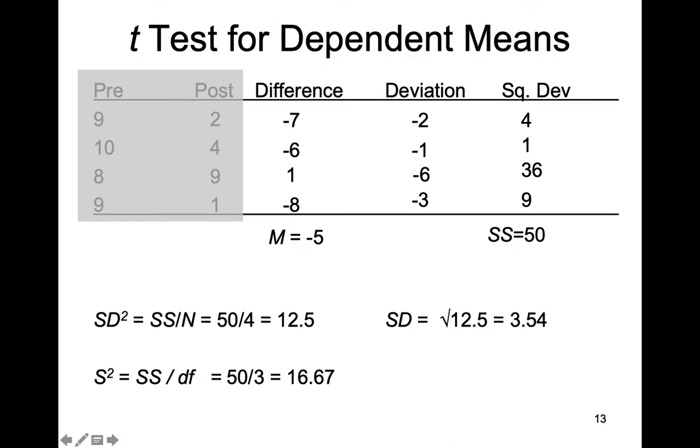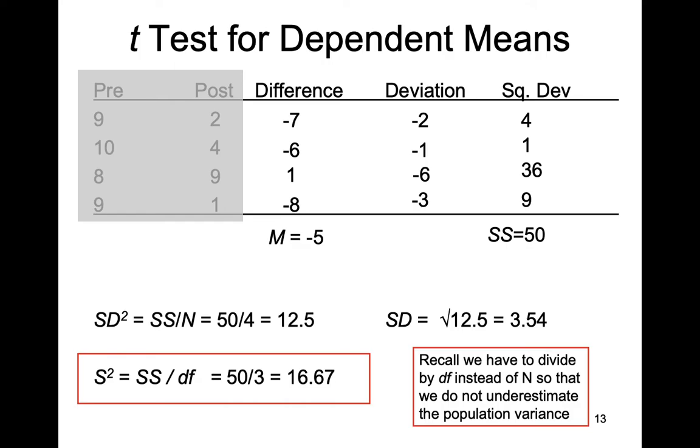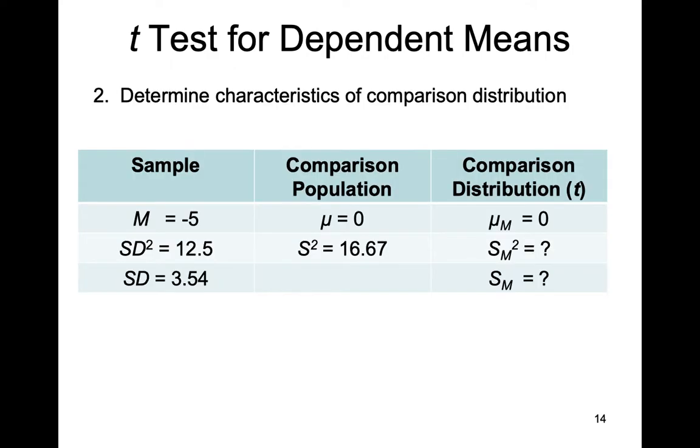So we just correct that number by dividing by n minus 1, and you can see that the effect is to have a larger number. So this larger number is thought to be more accurate. It's thought to be more representative of what the population variance truly is. So this is the number that we're going to use as our estimate of population variance. There we go. Okay. And recall that we have to divide by degrees of freedom instead of n so that we don't underestimate.